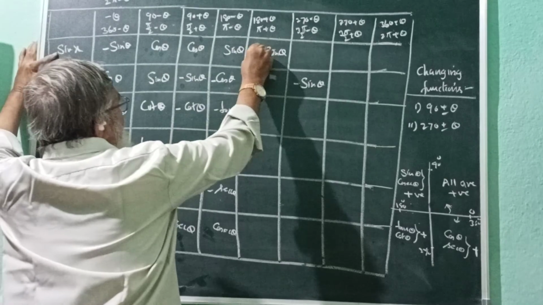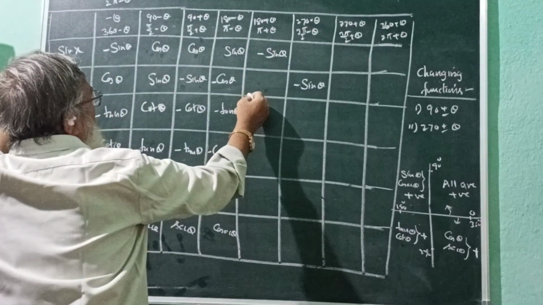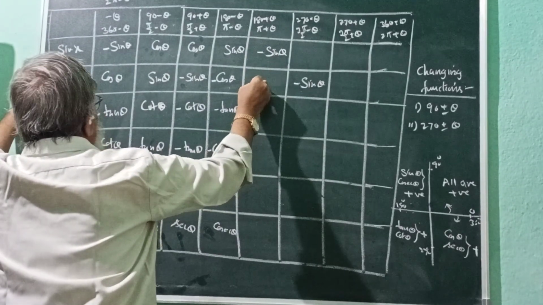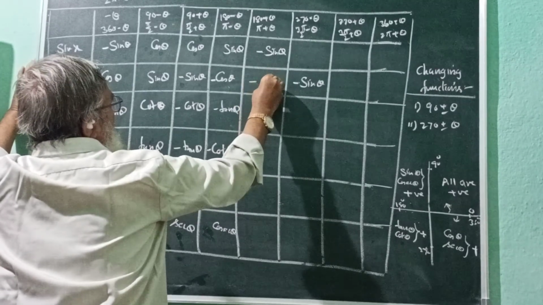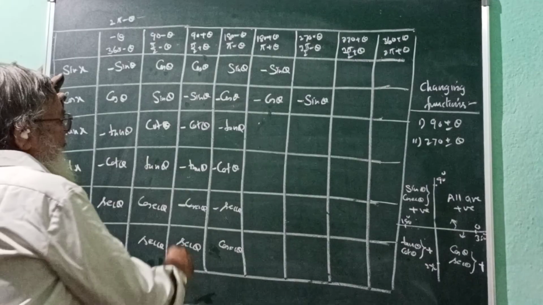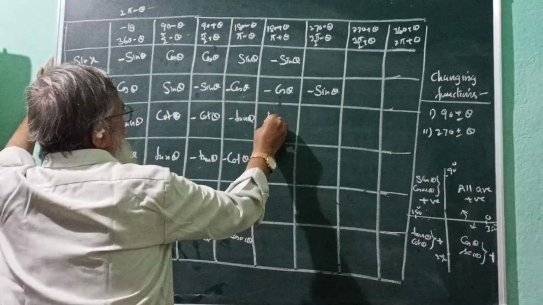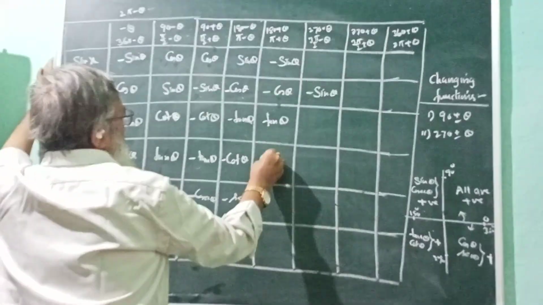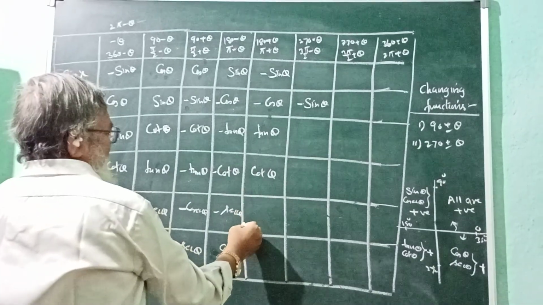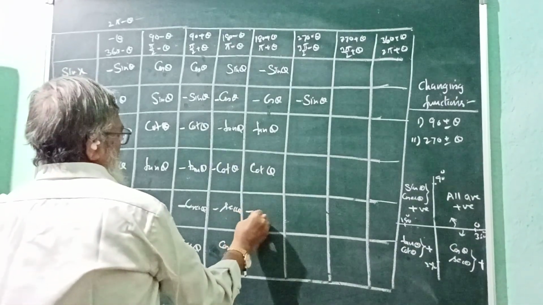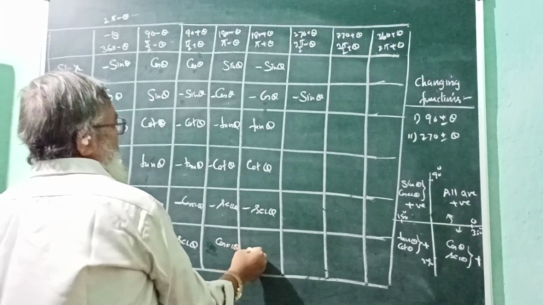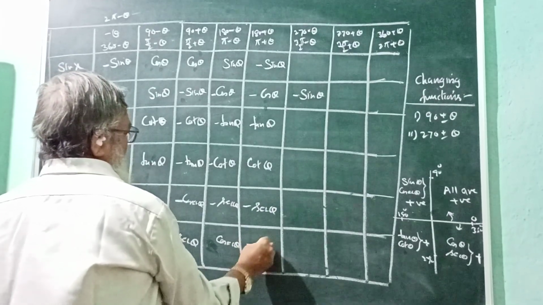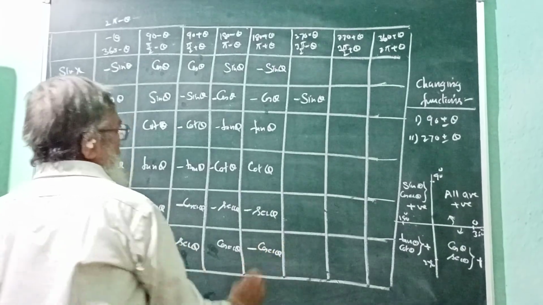Sine is negative here, and cos is again negative here. Tan is positive. Cot is also positive, and sec is negative, minus sec theta, and cosec is also negative, it is minus cosec.